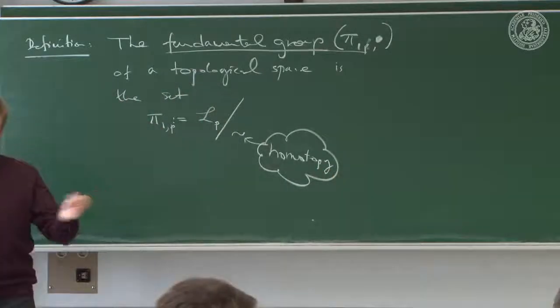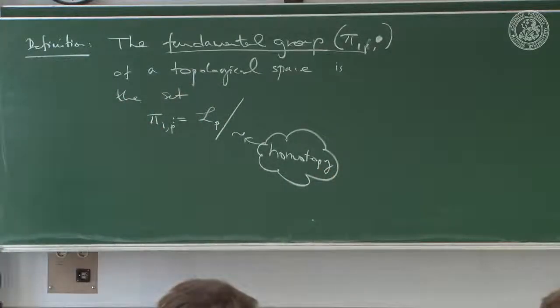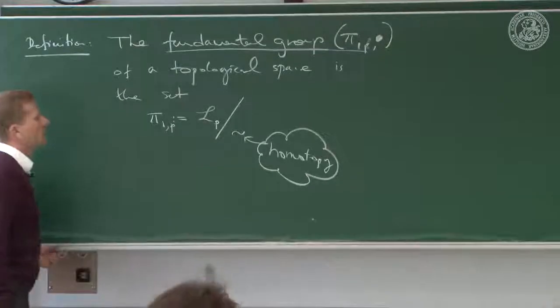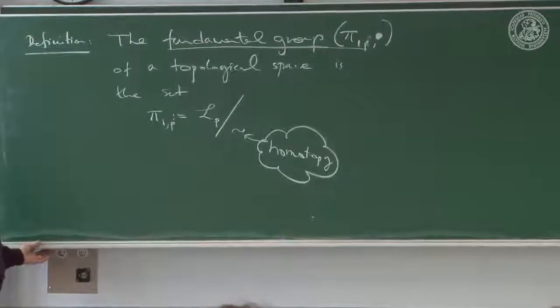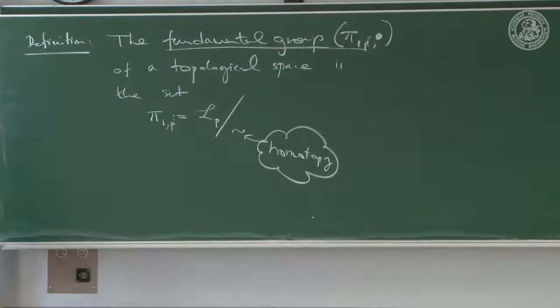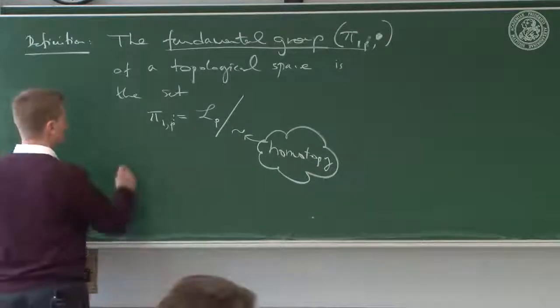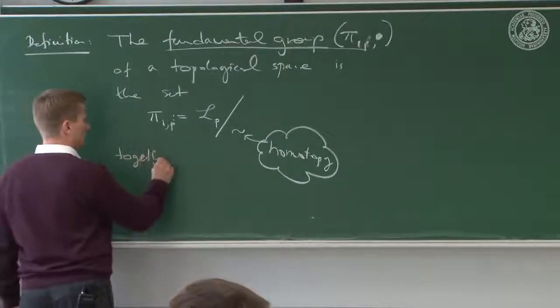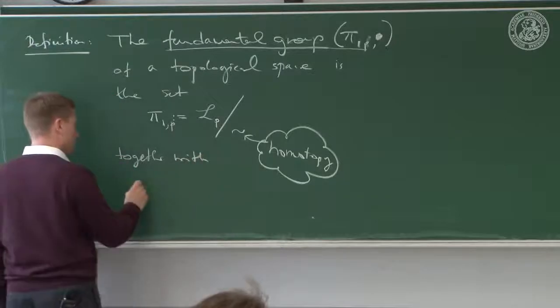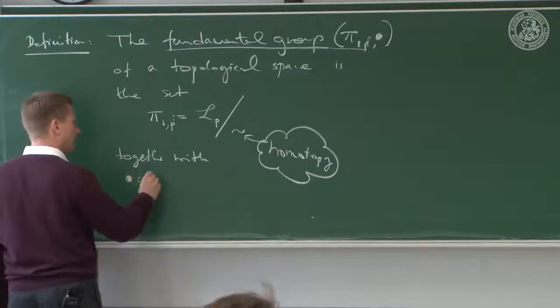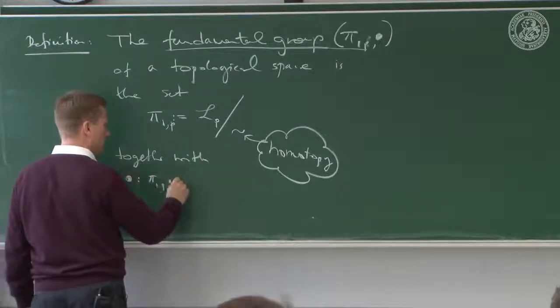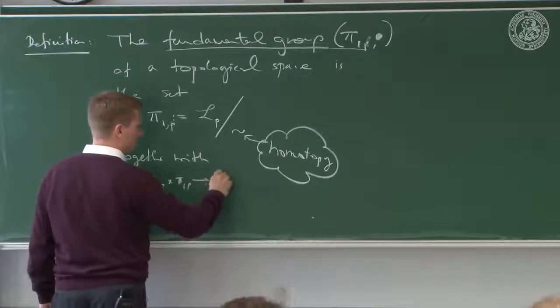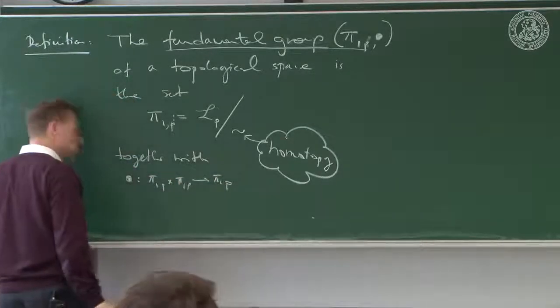Intuitively, it's very clear: ignore everything that can be continuously deformed. It's the loops, but under identification of all the loops that are homotopic to each other, together with the blob operation, and blob takes you from pi 1 P cross pi 1 P to pi 1 P, as it should.